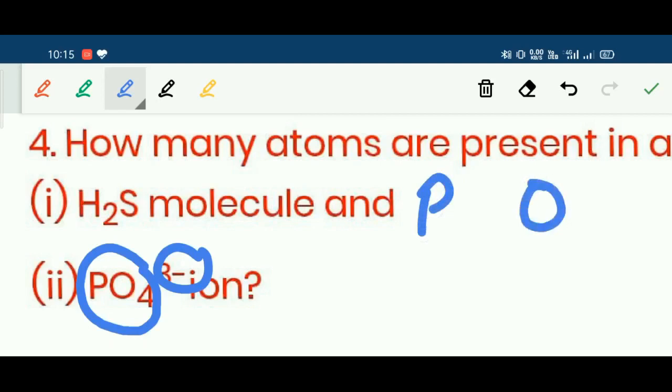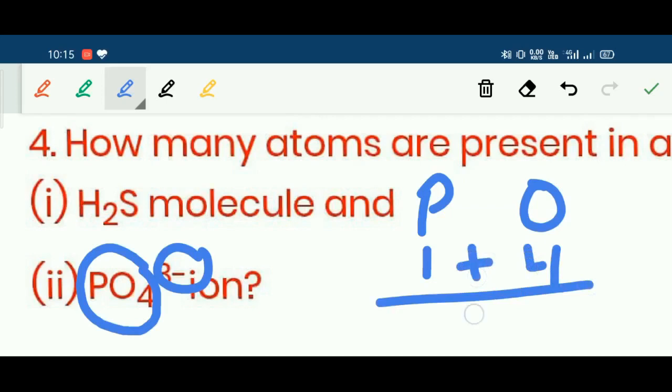And the number of atoms of phosphorus are 1 and the number of atoms of oxygen are 4. That means total atoms are 1 plus 4 is equal to 5. Which means in phosphate ion, there are 5 atoms present in total, out of which 1 is your phosphorus and the remaining 4 are oxygen atoms.